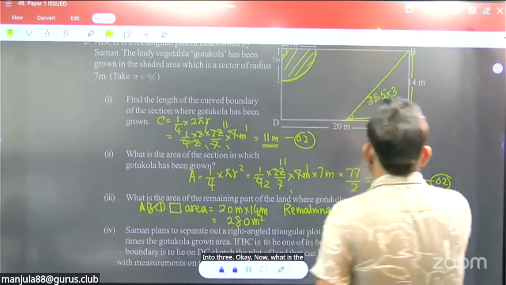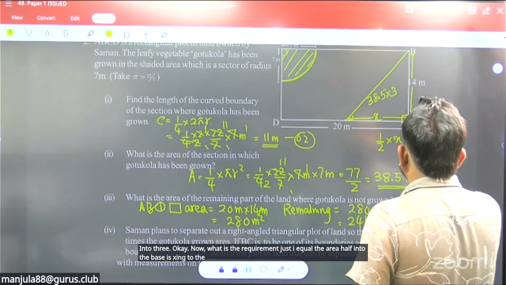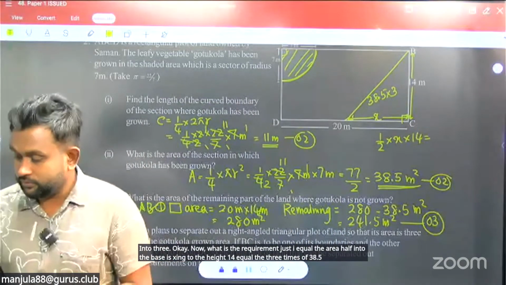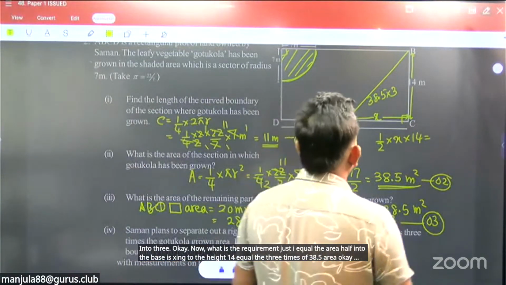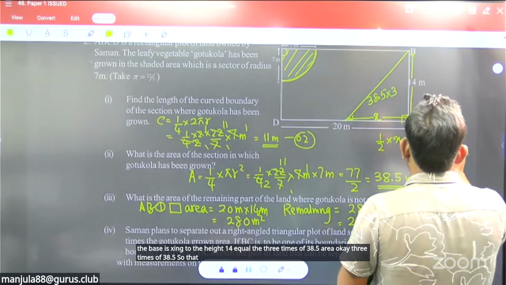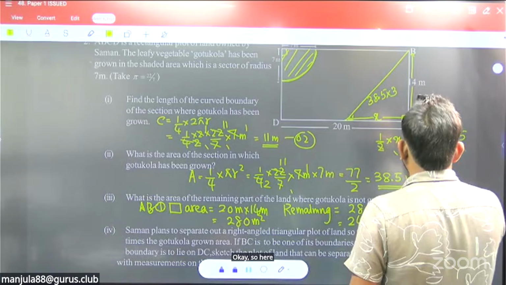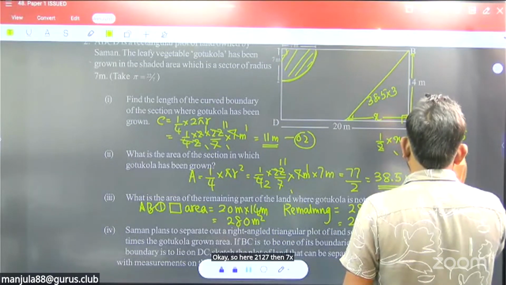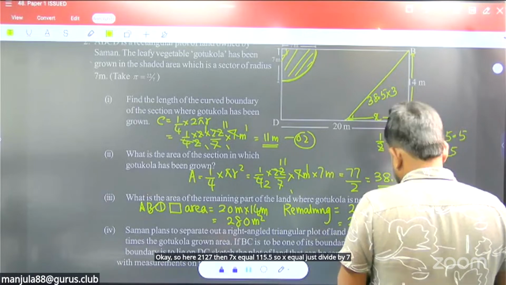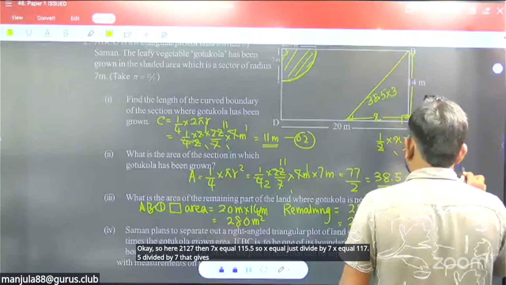The area is half into the base x into the height 14, equal to 3 times 38.5. So that gives you 115.5. So 7x equals 115.5. So x equals, just divide by 7, 115.5 divided by 7, that gives you 16.5 meters.